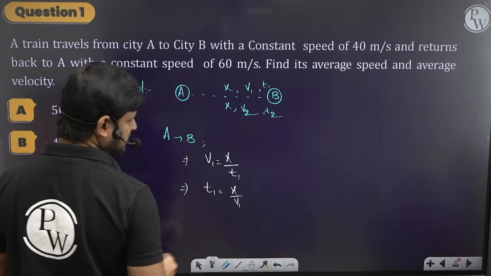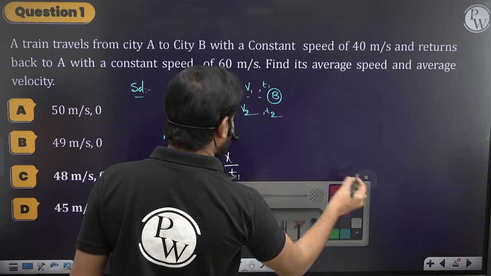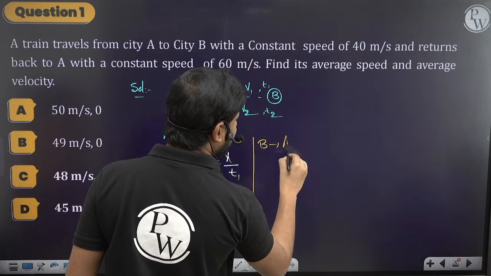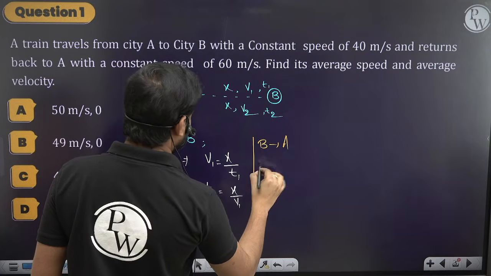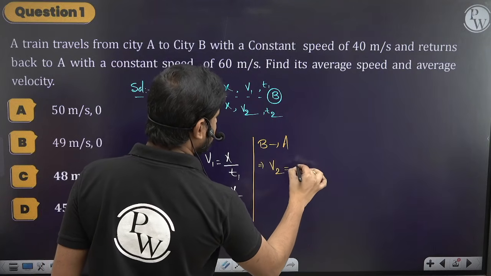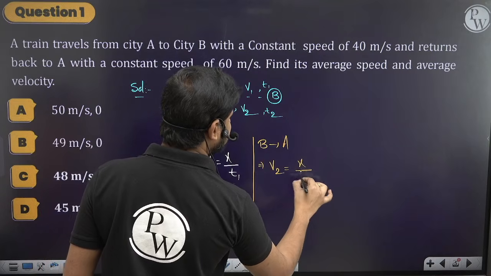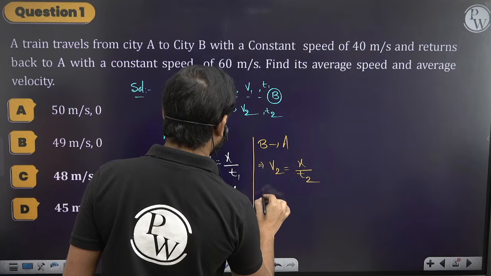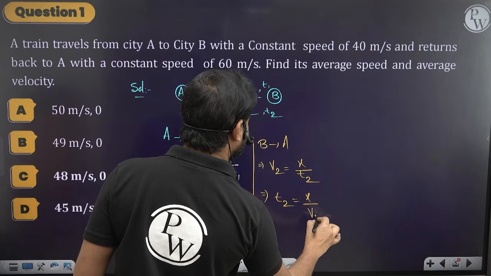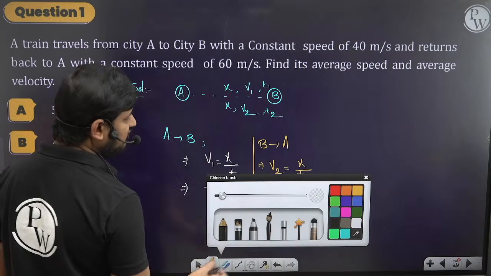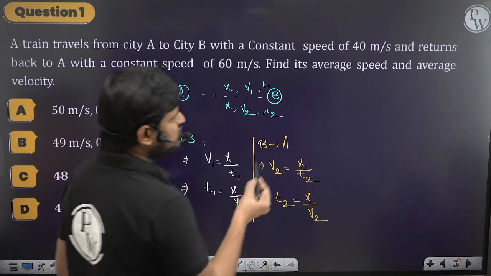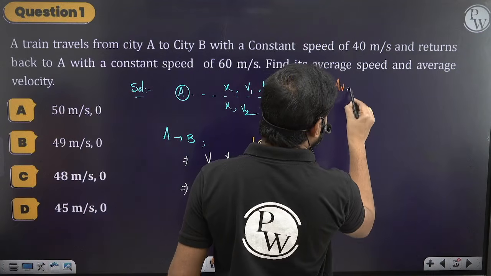Then while returning from B to A, the speed it's maintaining is v2. The velocity is equal to distance by time taken, and the time taken here is t2. So the time taken t2 is equal to x by v2. Now we have to find the average speed and average velocity. Shall I say the average velocity is directly 0?